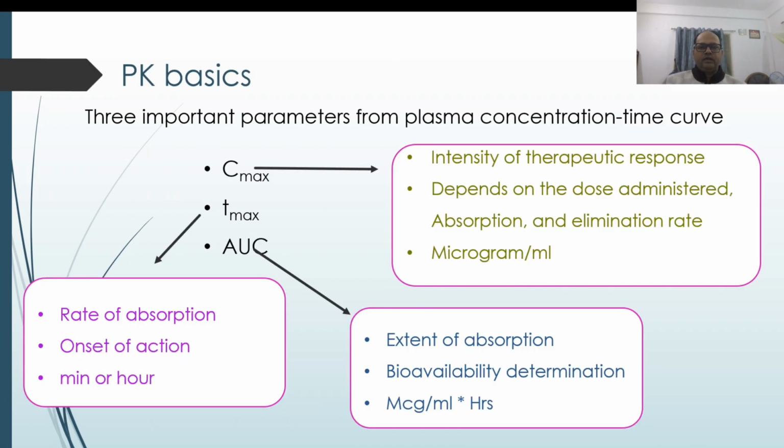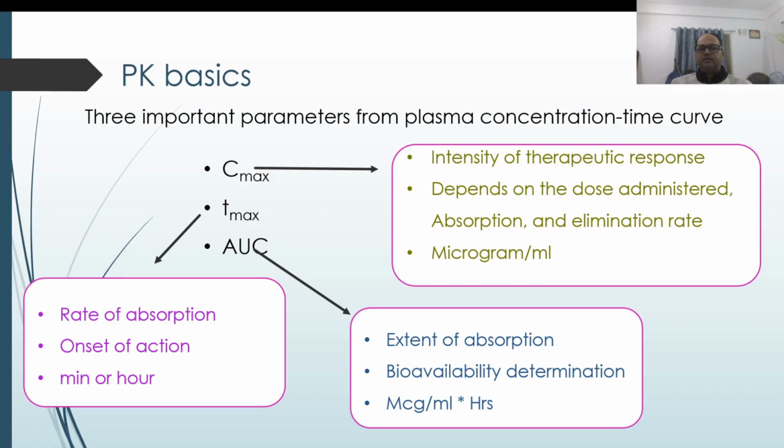So as a gist, these are the three parameters which are most important in the design of a dosage form. Three important parameters from the plasma time profile: one is Cmax, Tmax, and area under curve. Cmax decides the intensity of therapeutic response, and it depends upon the dose administered, absorption, rate of absorption and elimination rate.